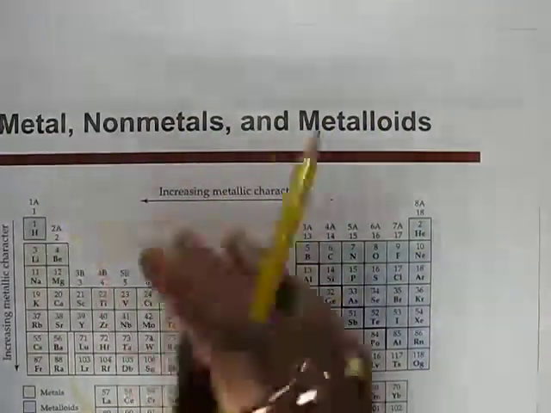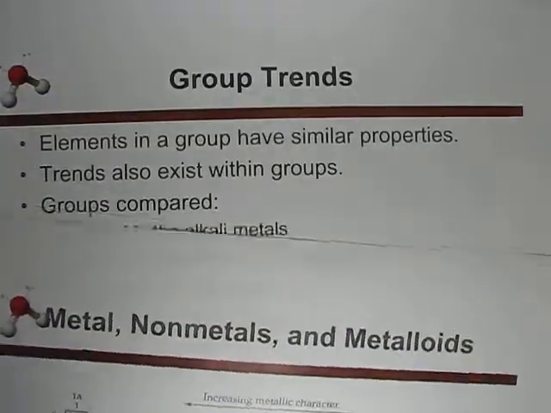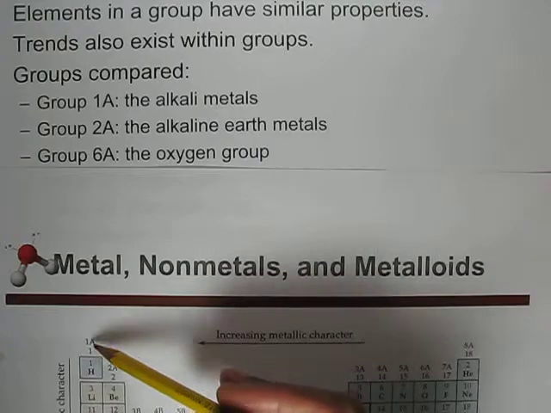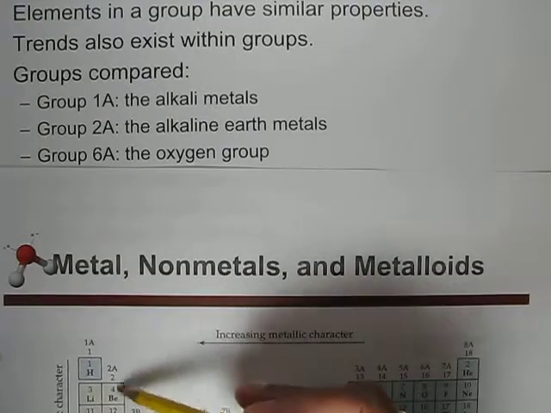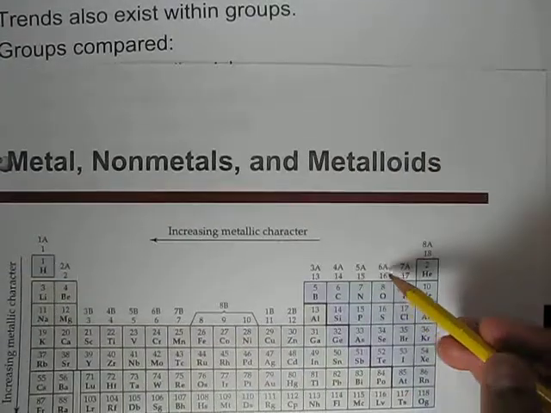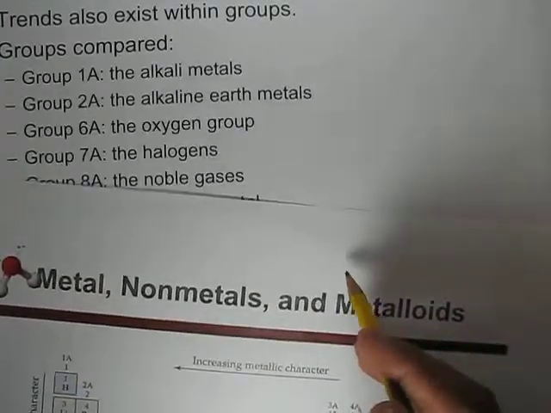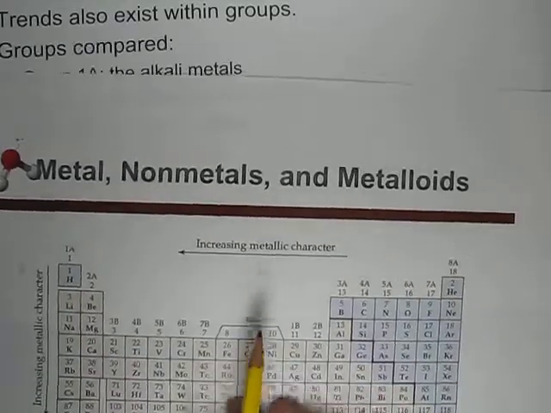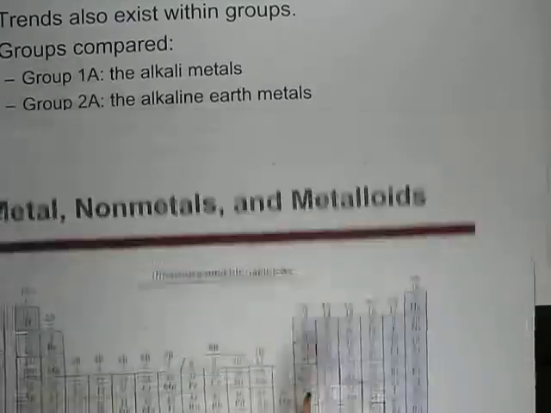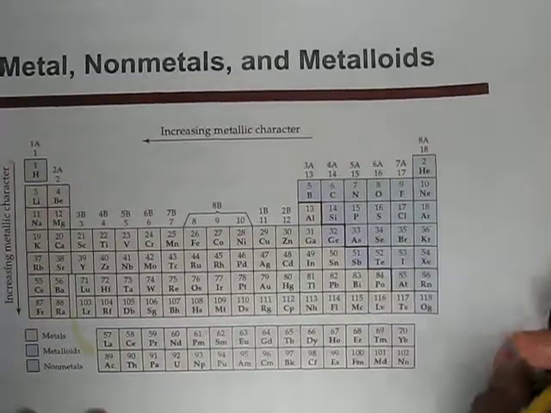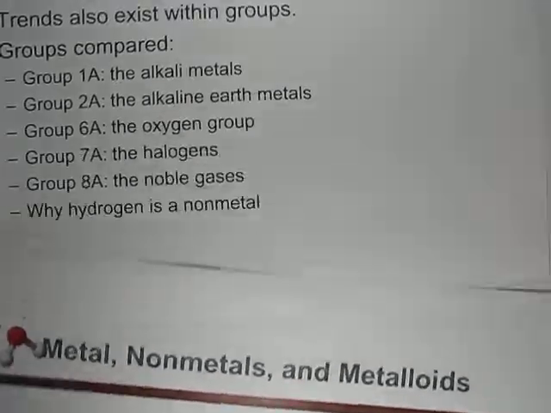Alkali metal is group 1A, alkaline earth metal is group 2A from top to bottom, then the oxygen group is 6A, 7A is the halogens, and 8A is the noble gases, the inert gases. So these are the groups we will mainly talk about.